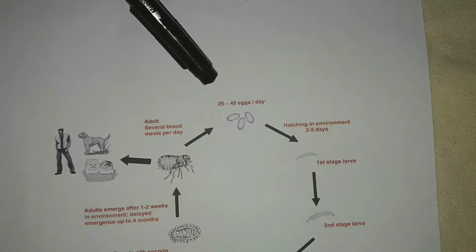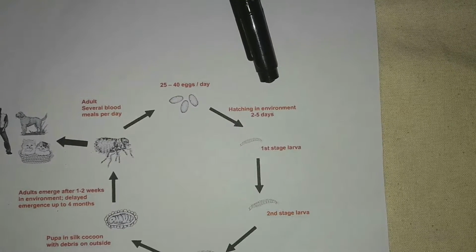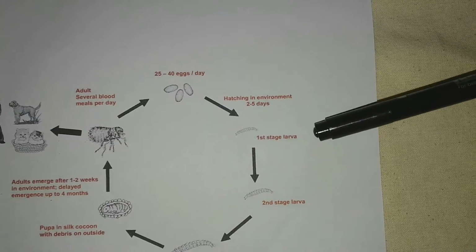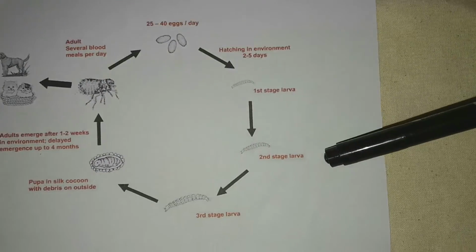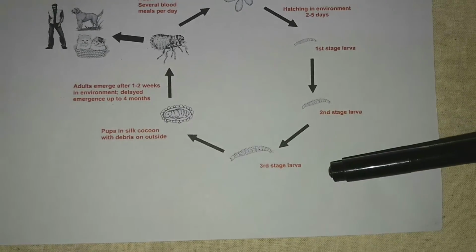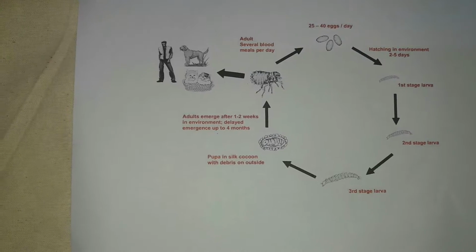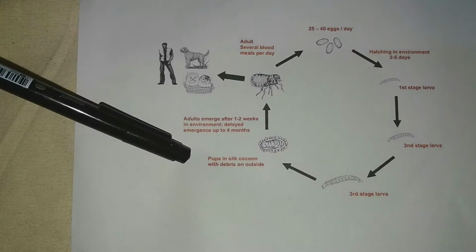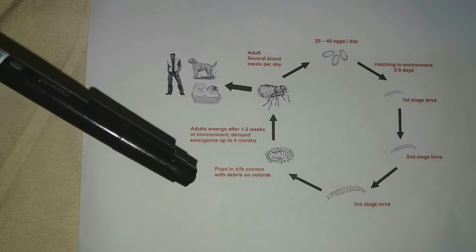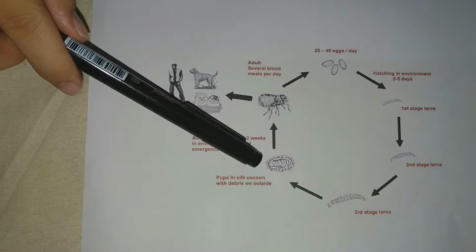After that, the eggs will hatch in the environment 2 to 5 days later, in which it will become first stage larva, continuing with second stage larva, and then third stage larva, in which the pupa is being covered in a silk cocoon with debris on the outside, as you can see in the diagram.